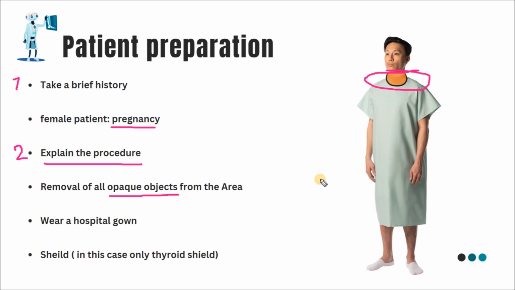You can also put a shield on the gonad area, but it highly depends on the medical condition of the patient. If you're going to include the sacrum and the coccyx in your radiograph, for sure you cannot put a gonadal shield because it will overlap the coccyx and the sacrum area. But in case the physician only wants the lumbar vertebrae and it's not necessary to include the sacrum, you can put a gonad shield, especially in young patients.